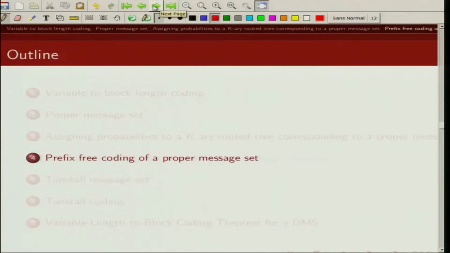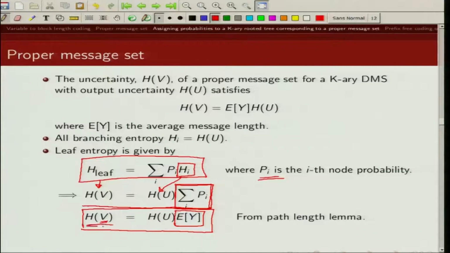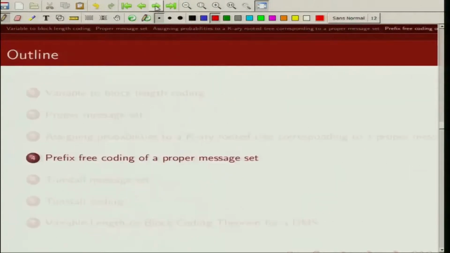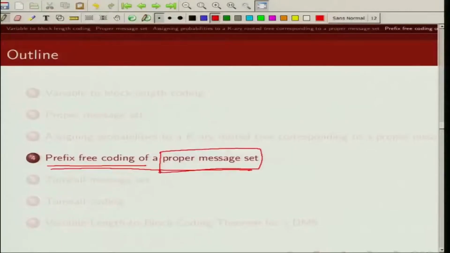Now we have talked about the relation between the entropy of the parsed message and the uncertainty associated with the source letter. Let's take a small diversion and see how we can do a prefix free coding of a proper message set. If we do a prefix free coding of a proper message set, that would make it a variable to variable length coding. Why? Because a proper message set takes variable length input and gives a fixed length output, and a prefix free coding takes a fixed length code and gives a variable length output.